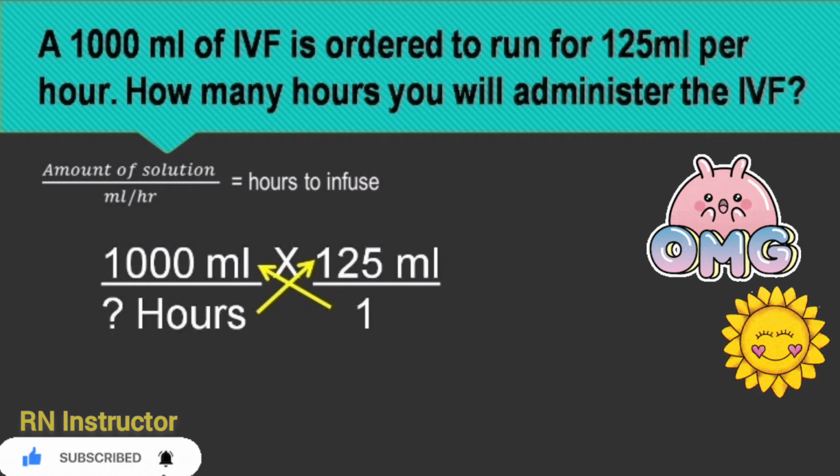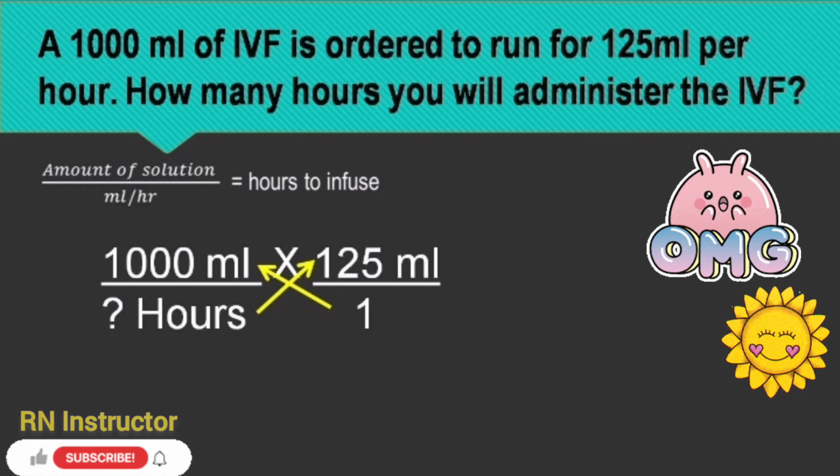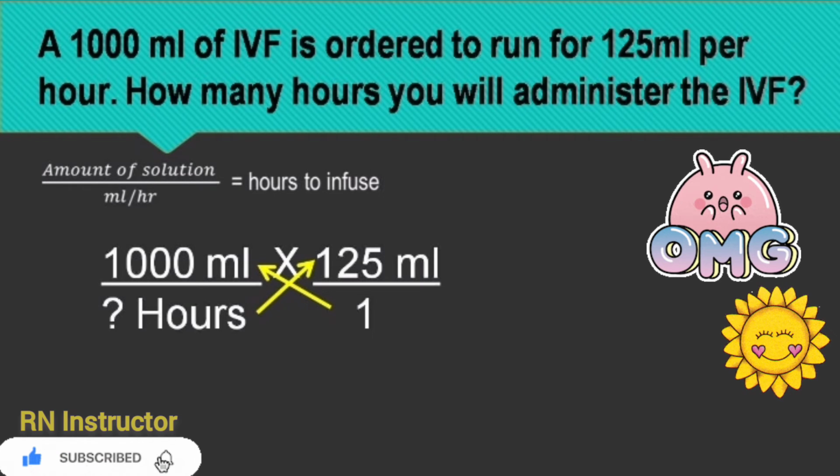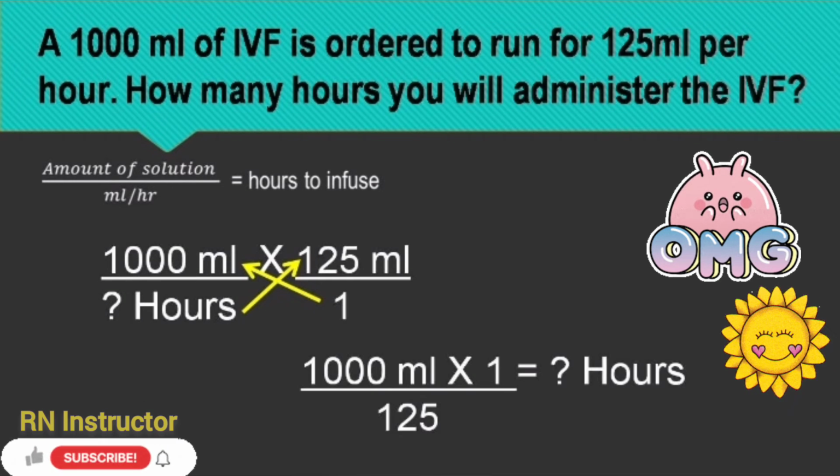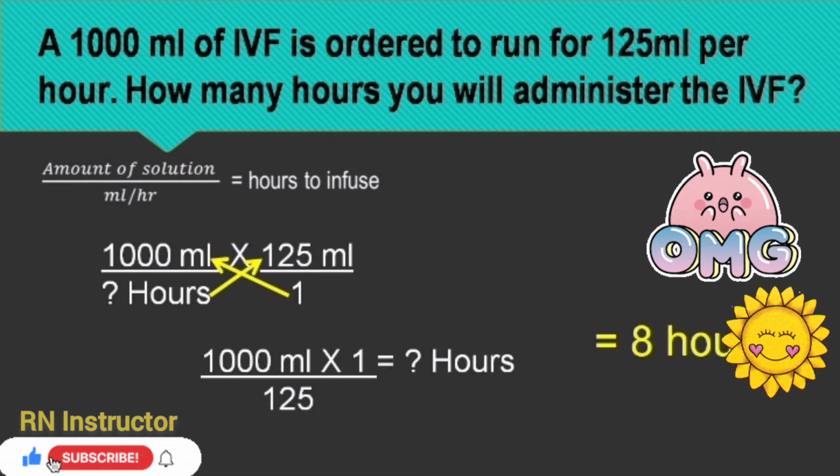So here I have 1000 ml divided by hours, that is the question mark. You need to find that out by cross multiplying with 125 ml, which is the flow, divided by 1, meaning every hour. So when you do the calculation, you get 1000 ml multiplied by 1 divided by 125. So you will get 8 hours.